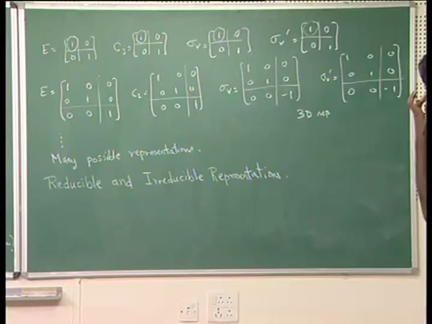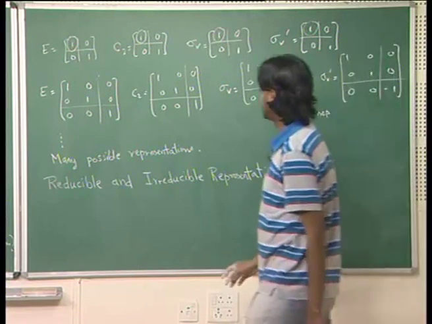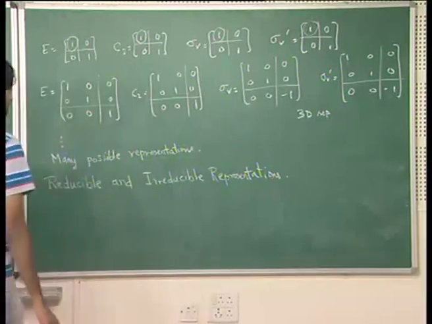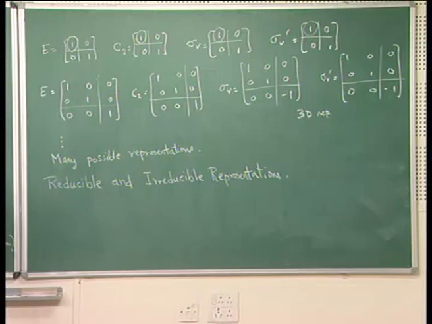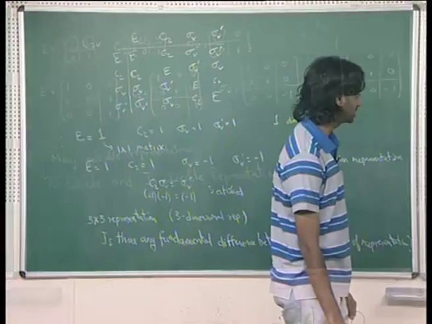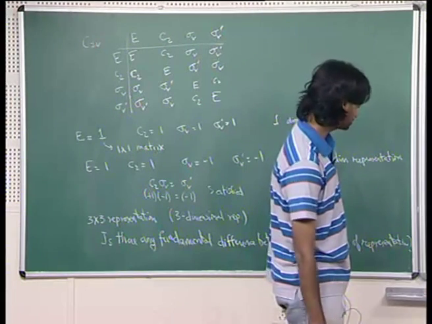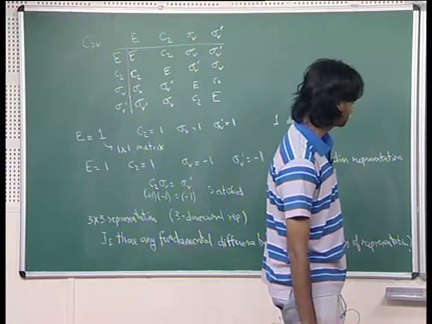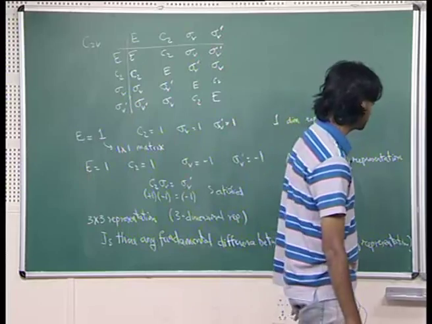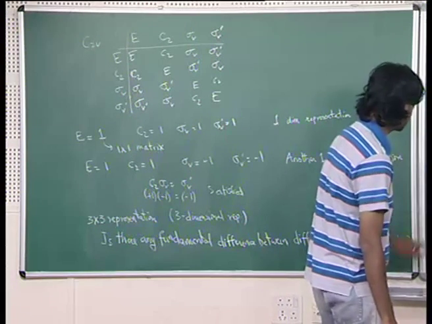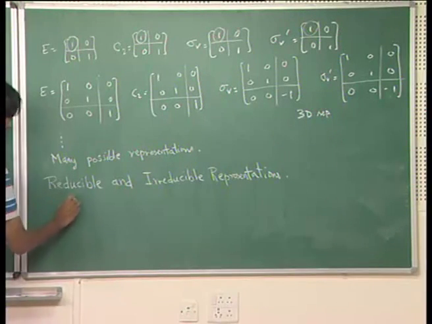Okay. So these are examples of reducible representations. Okay, whereas this is an example of an irreducible representation, in the sense you cannot reduce it to smaller dimensional representations.